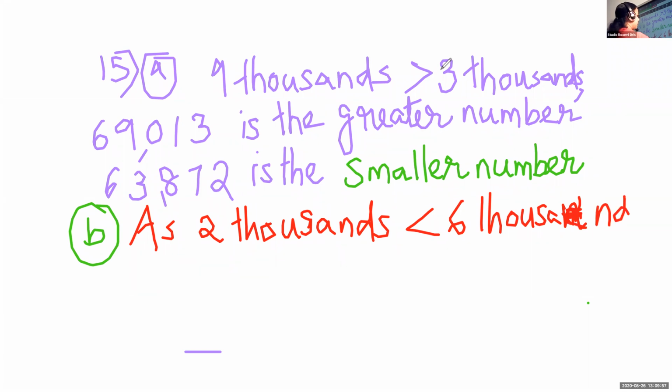Here we can write 6,000. As 2,000 is less than 6,000, now you can write the smaller number and greater number.